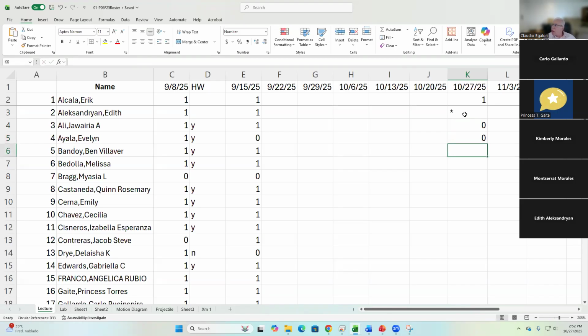Ben Bandoy. I see Ben. Are you there, Ben? Ben must be away from his computer. Melissa. I don't see Melissa. Who is iPhone, by the way?